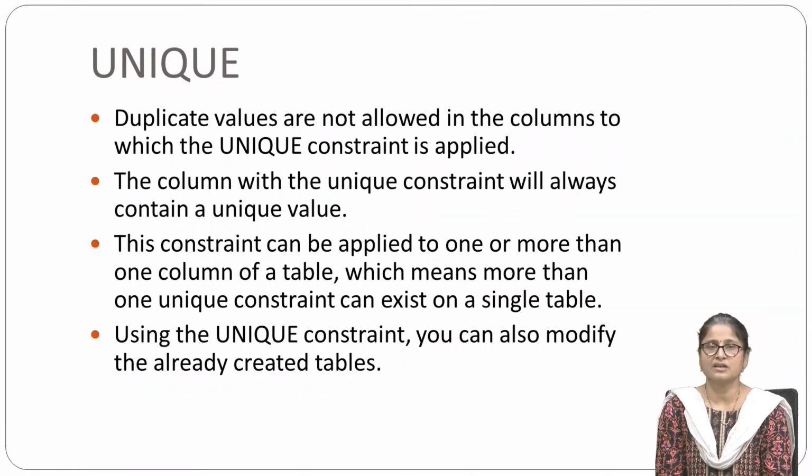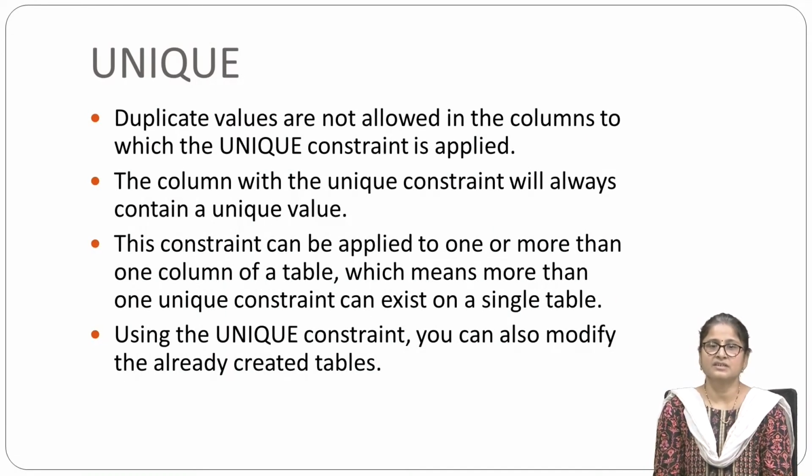This unique constraint can be applied on more than one column, which means that the first column and the second column, both having the unique constraint, should have unique values.